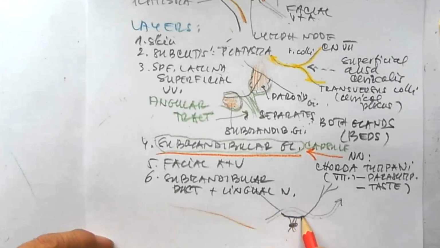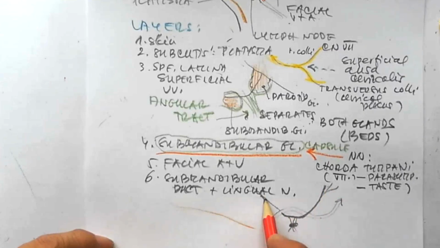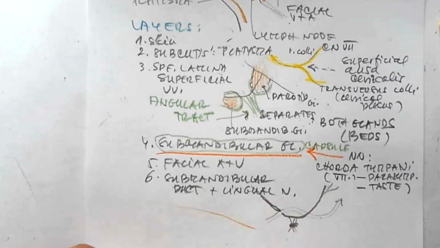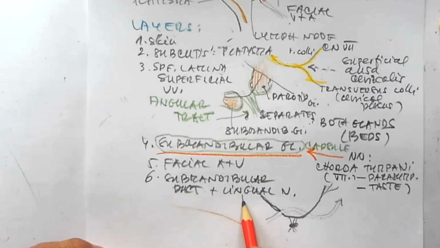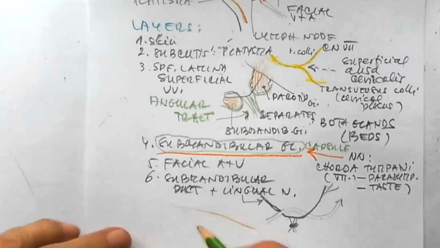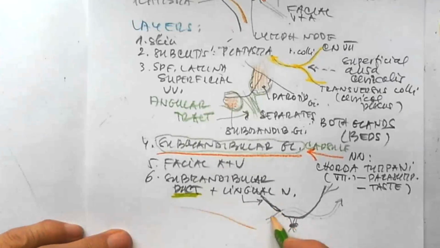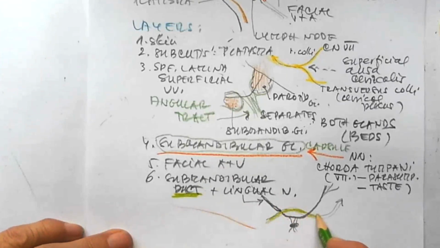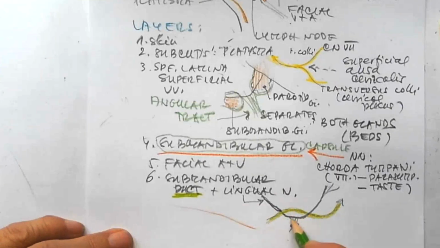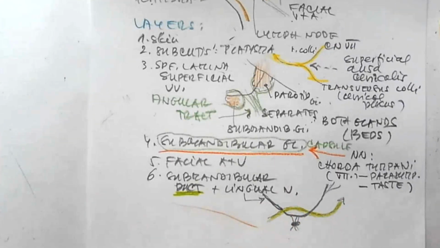Yes, now we can complete the sketch here, the drawing. Here is the lingual nerve. Then the duct would be in light green, yes. So you see that they are crossed, the nerve runs under.